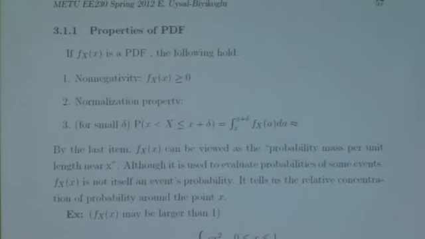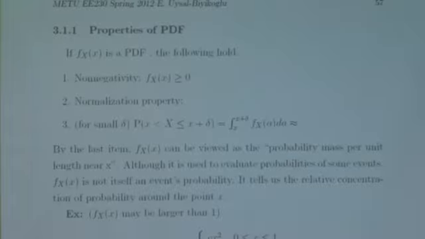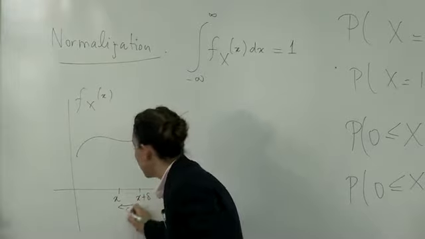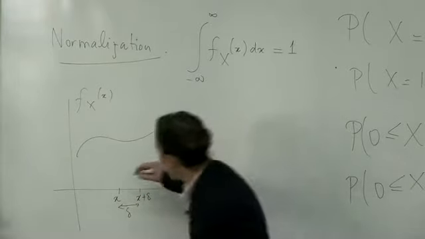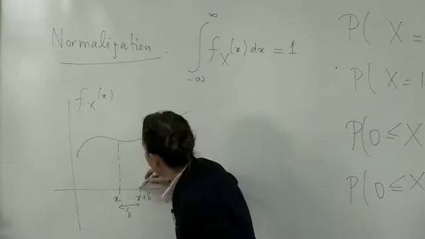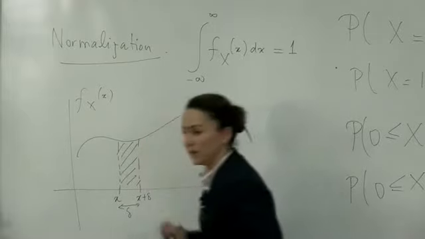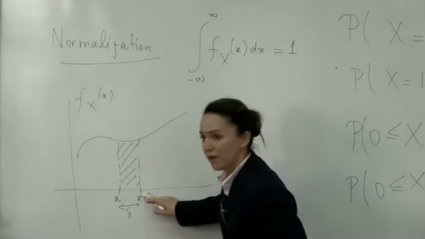Suppose this is the probability density function fx of x, and I have small x here and small x plus delta here. Suppose this is a very small interval. Now I'm thinking about the integral here, the area under the curve right here.